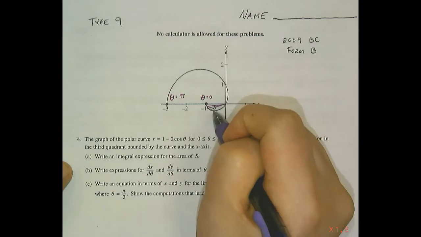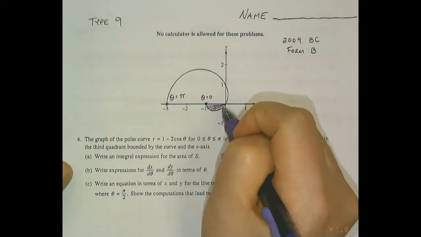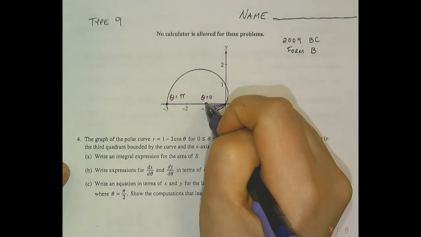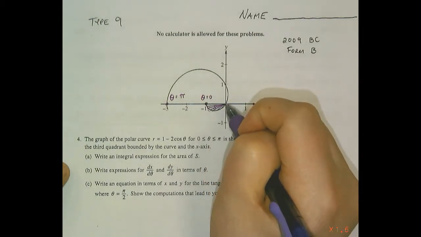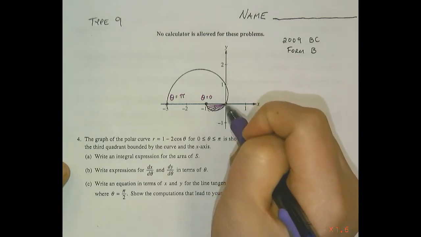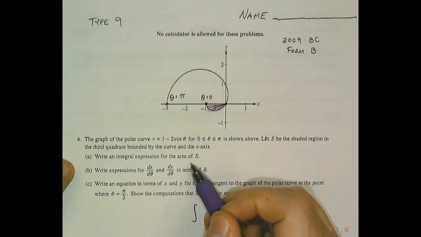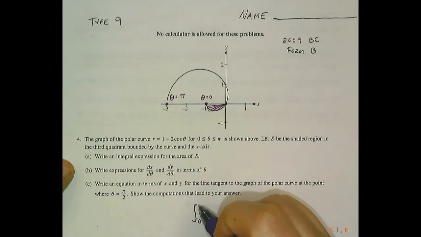And if we think about tracing out the wedges that constitute the curve, the start point of the area is at angle 0, and the finish point is at the first polar 0. So when we're writing our integral expression for area, we start at 0 and we finish at the first polar 0.